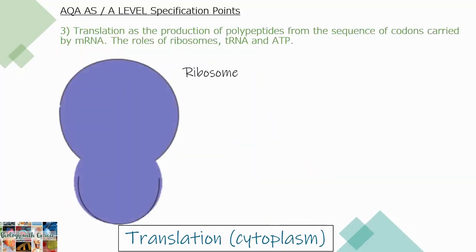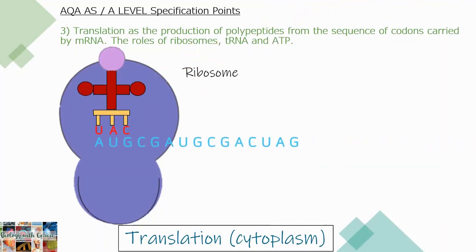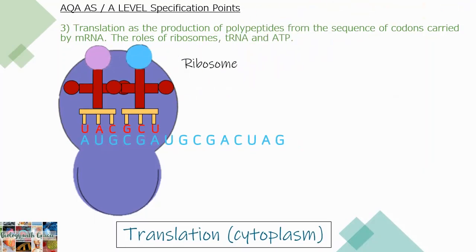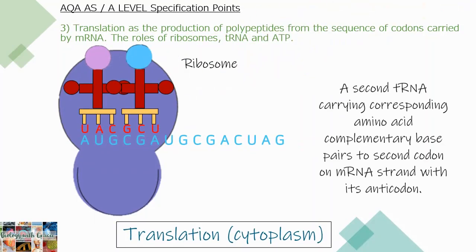Once the mRNA has attached to the ribosome, a tRNA molecule brings an amino acid to the mRNA. It complementary base pairs to the start codon AUG on the mRNA strand with its anticodon UAC. Then a second tRNA molecule carrying a corresponding amino acid complementary base pairs to the second codon on mRNA with its anticodon.